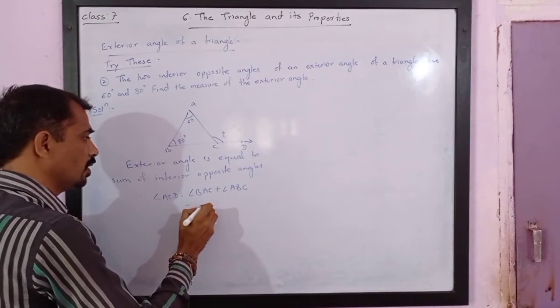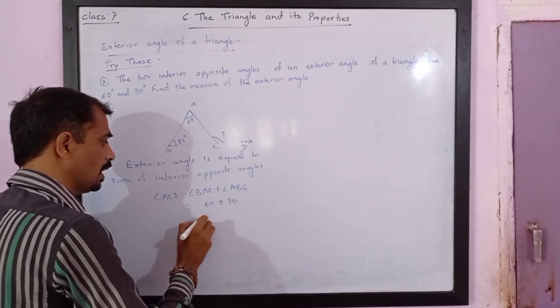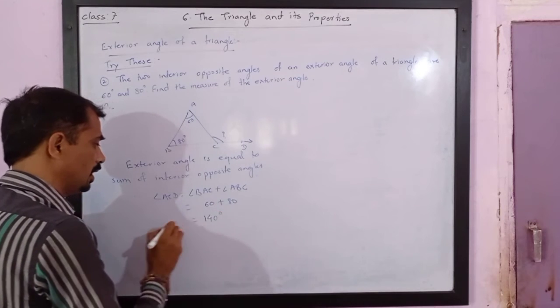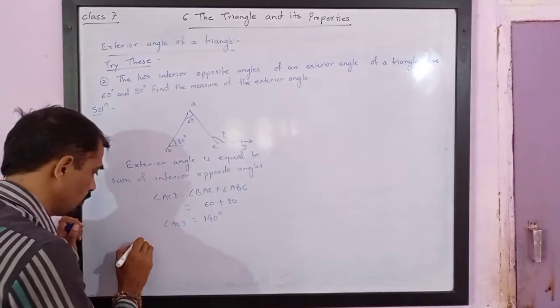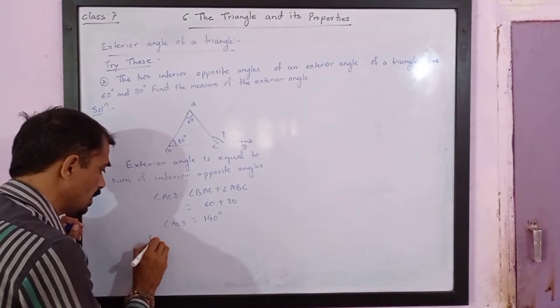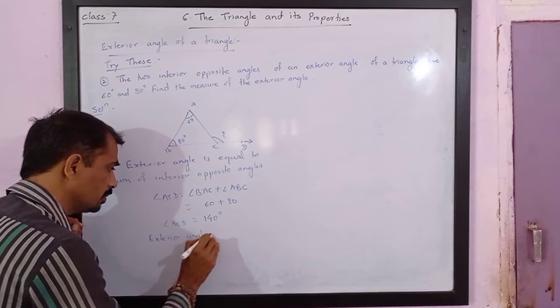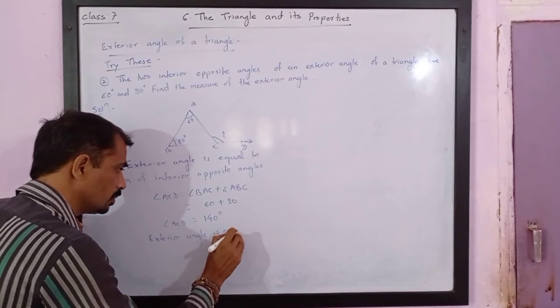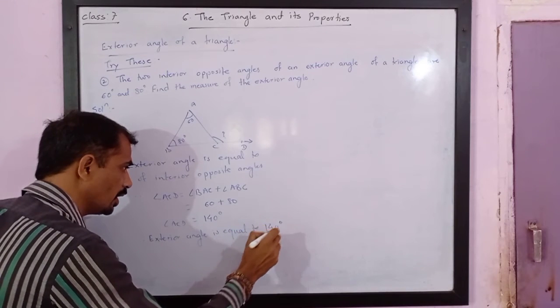It means this is equal to 60 plus 80, that is equal to 140 degrees. So the exterior angle is 140 degrees.